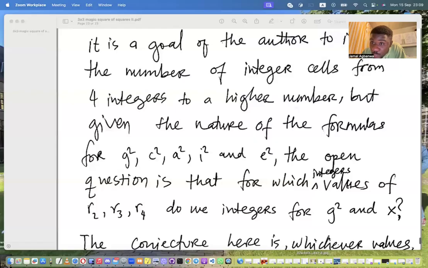And if we can answer this in the positive, whatever value or family of solutions we get for x would definitely work for the formula involving c squared, and who knows, probably also a squared and I squared.